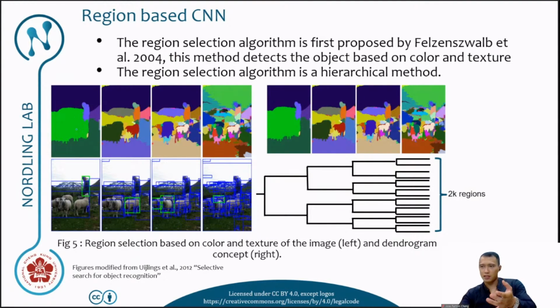So for example, like this part, right? At a low level of the dendrogram, at a high hierarchy, we will have this kind of partition for the regions. So it just groups everything together, right?